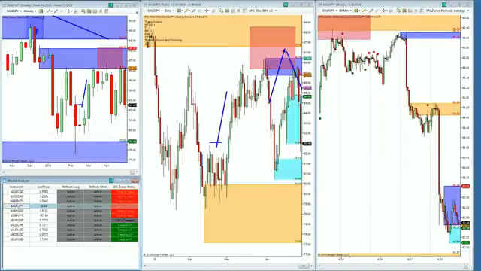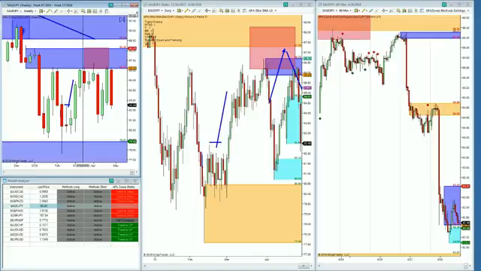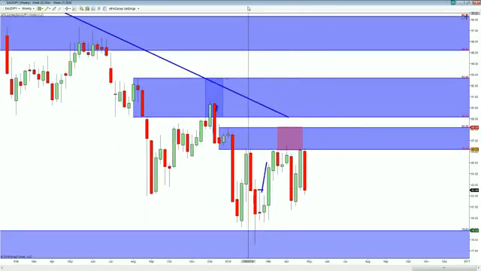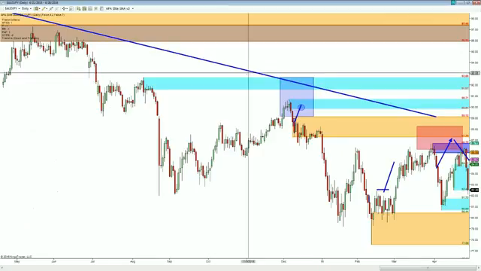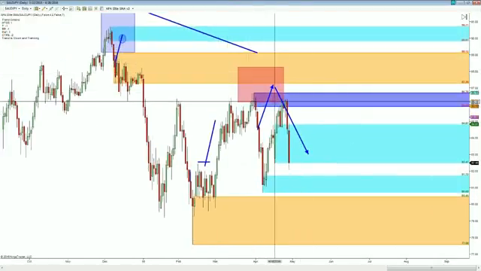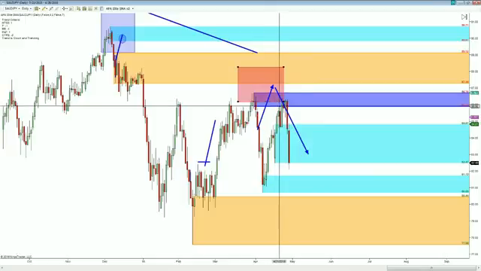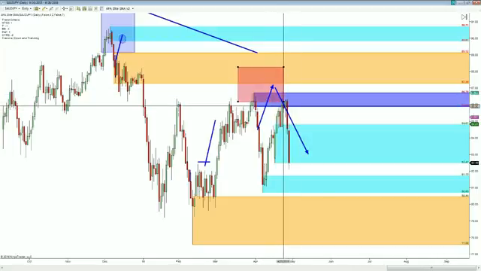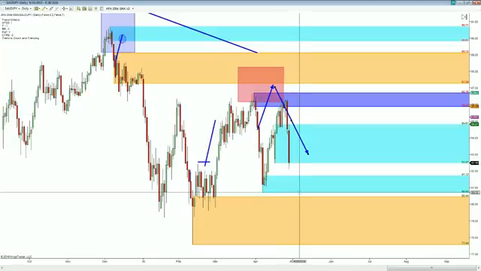Moving over here to the Aussie yen. The Aussie yen is in a weekly range, just kind of going back and forth, back and forth. On the daily, we have this thing as being down. We're looking for price to bounce into this weekly level for last week's forecast. It has done so. It's actually hit off of the daily zone right there, and we are starting to just crater through these levels.